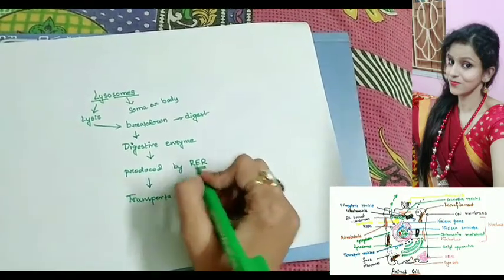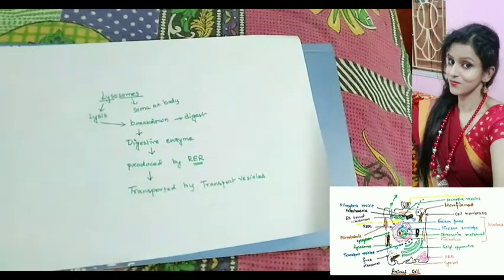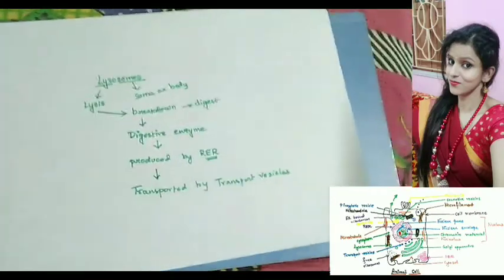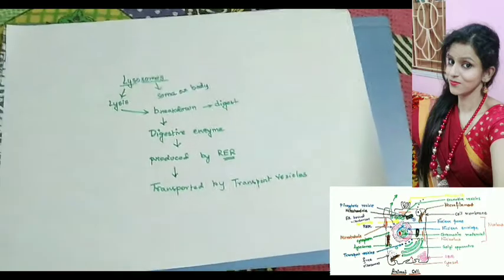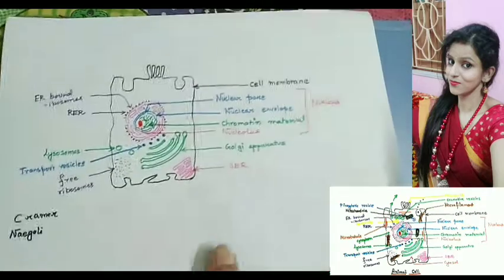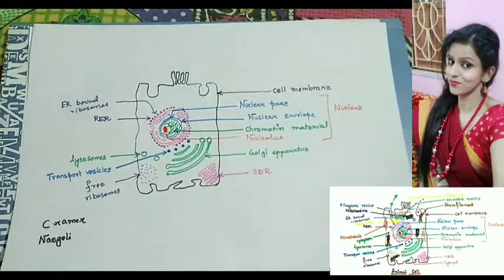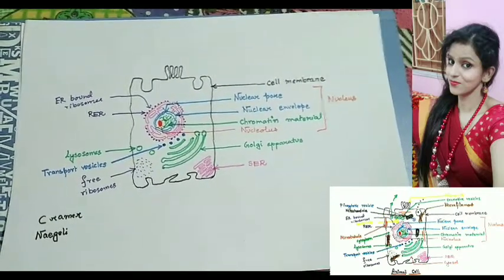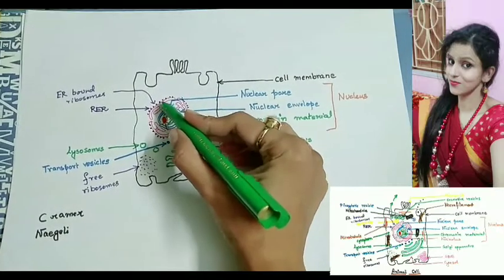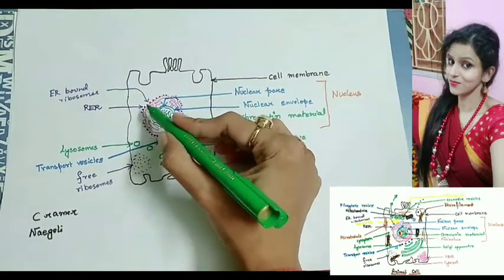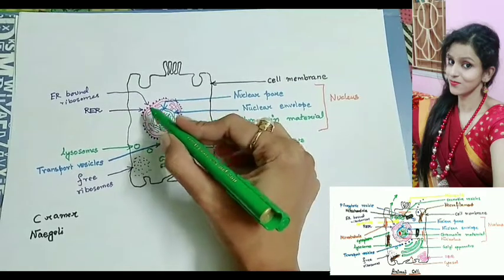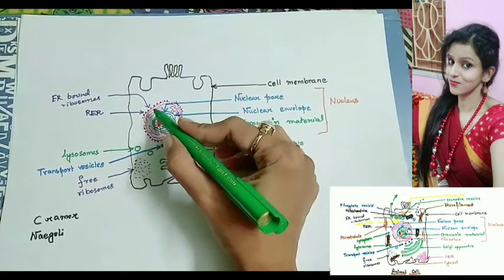Whatever I have drawn will make it easier for you to understand. So let me bring the previous paper once again. I have brought that. Now just see this one: the digestive enzymes are produced by the ribosomes which are attached to the endoplasmic reticulum.